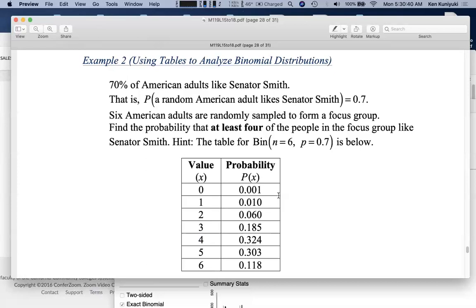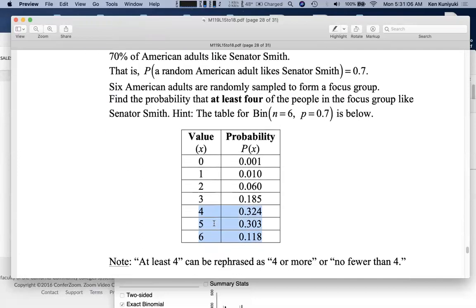Okay, so given this probability distribution table, my question here was, find the probability that at least 4 people in the focus group like Senator Smith. So this is similar to what we've done before. What's the probability that X is at least 4? Basically, we're focusing on these 3 rows of the table, and we want to add these probabilities.